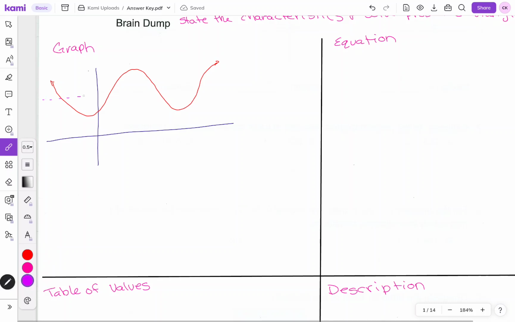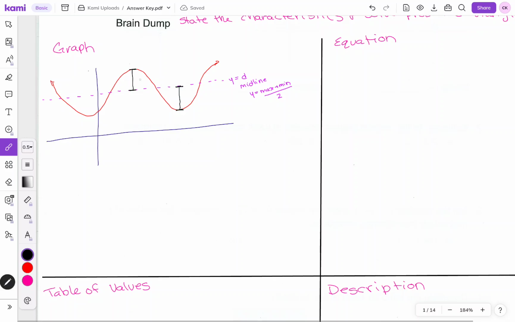Well, remember our midline runs right through it. This is our midline. We can also find this by using the equation. Then we have our amplitude, which is measured either from the max to the midline or from the midline to the min.